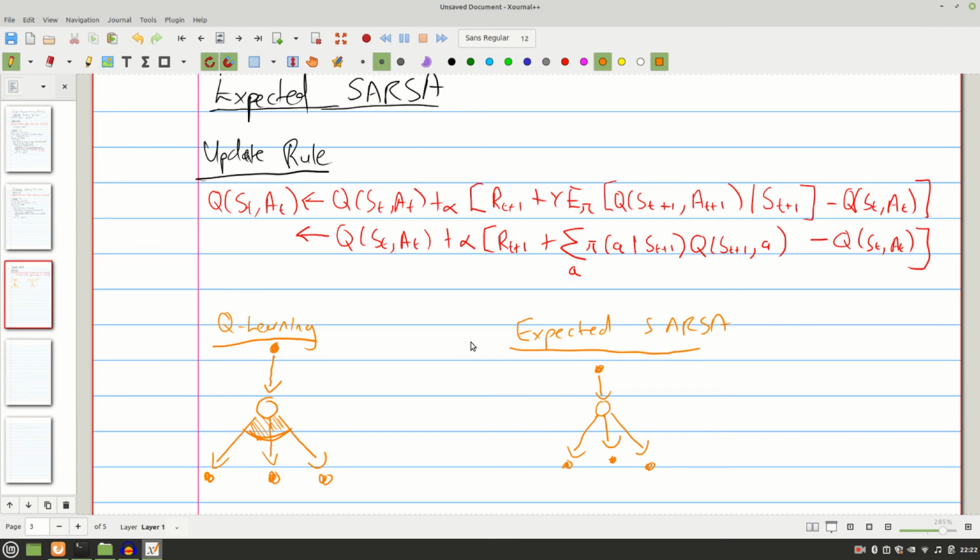In the very next lecture, which is coming soon, we're going to look into maximization bias and double Q-learning, and we'll do a little bit of coding to see how to solve certain problems caused by those algorithms to begin with.